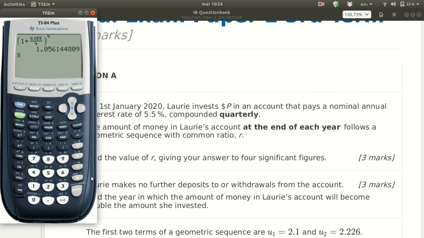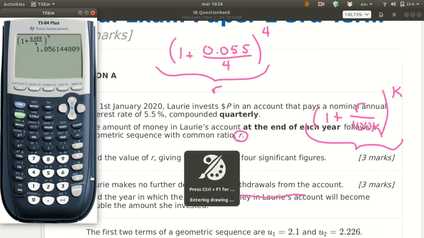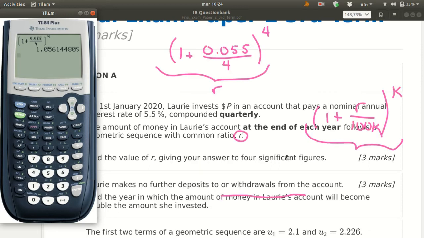So make sure that you always take into account if they give you an instruction. Okay, so 4 significant figures is 1.056 because the next number is a 1, so we round down in this case. Okay, so these are my 4 significant figures.